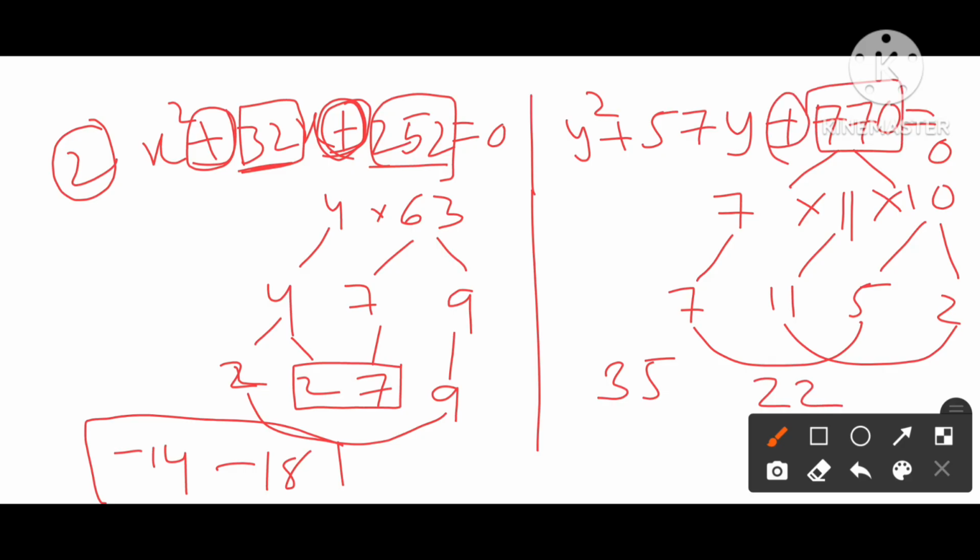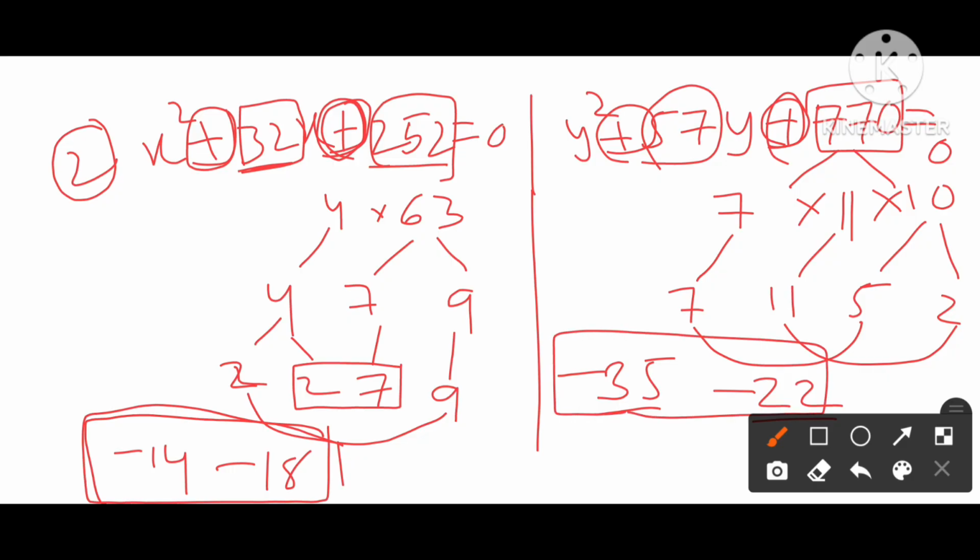The sum of those two factors, 35 plus 22, will be 57. So 35 and 22 are our roots. Here in the question we have plus and plus, meaning both the roots are negative. So the roots we get in x are minus 14 and minus 18. In y we get minus 35 and minus 22.